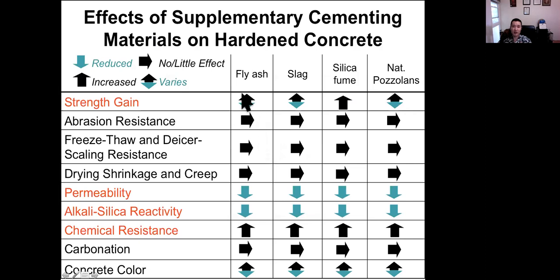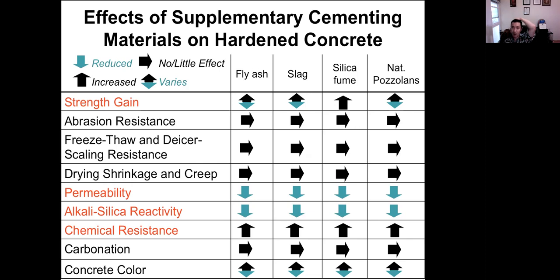So, summary of SCMs on hardened properties, including the strength gain. For fly ash and slag, typically they will slow down the strength gain, especially at early age, but at later age it will catch up and exceed. For silica fume, it will accelerate the strength gain at the beginning.